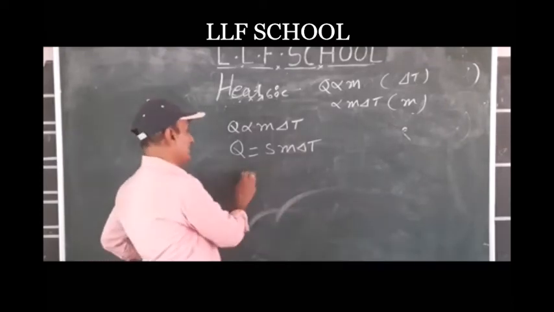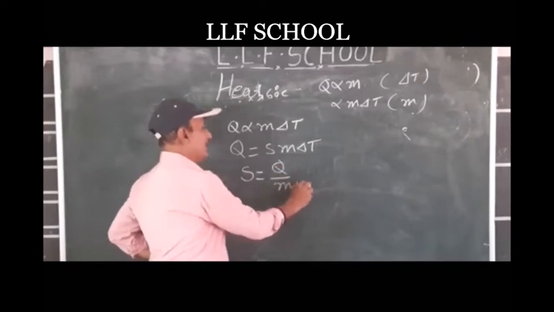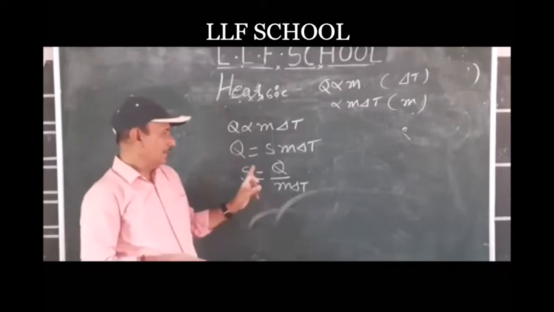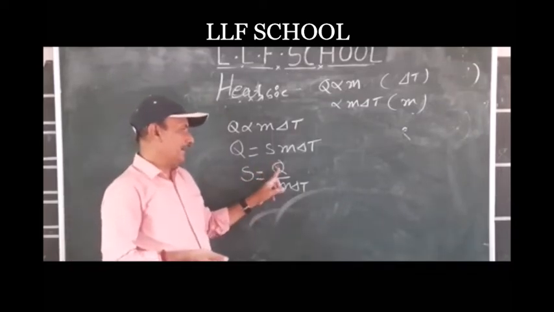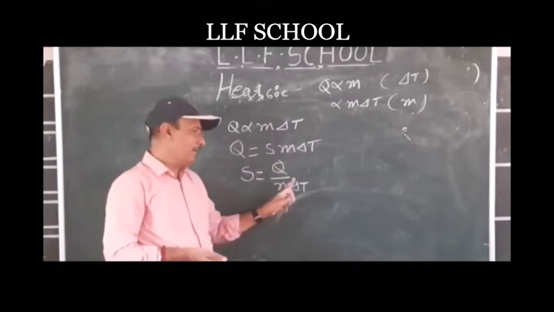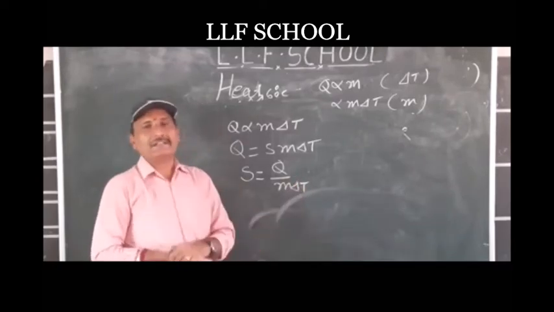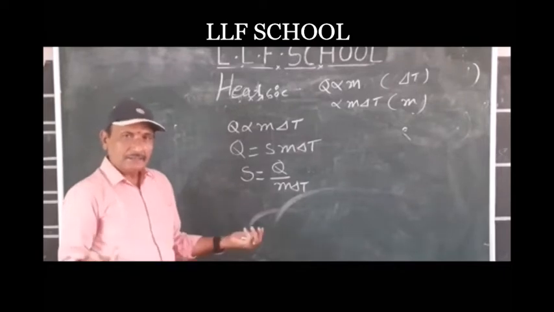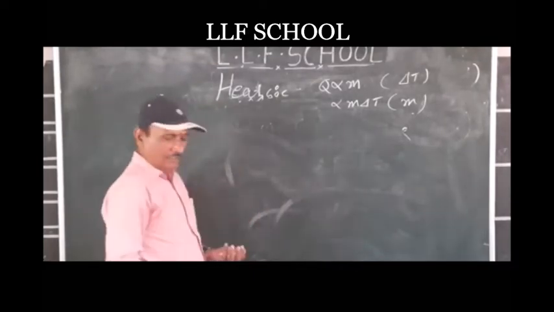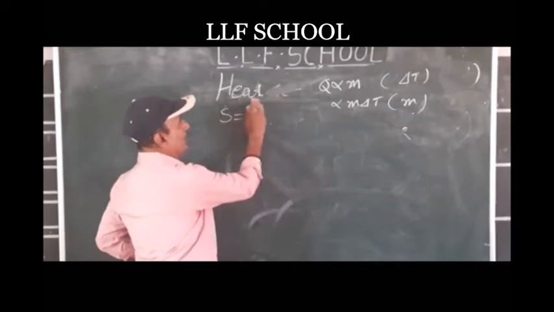From this expression, we write S equals Q by M delta T. It is different for different materials. Now we write the units of S. S equals Q by M delta T.